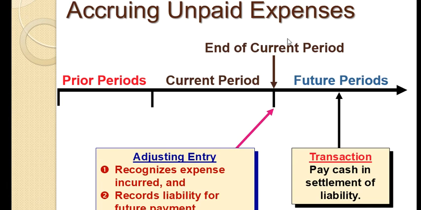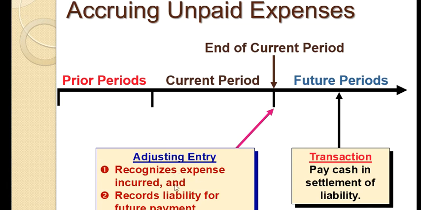If you have an employee's salary, the salary expense will occur in the month of November, but you are going to pay on 5 December, which creates an account payable. That is the accruing unpaid expense: your expense will occur but you are going to leave it unpaid.